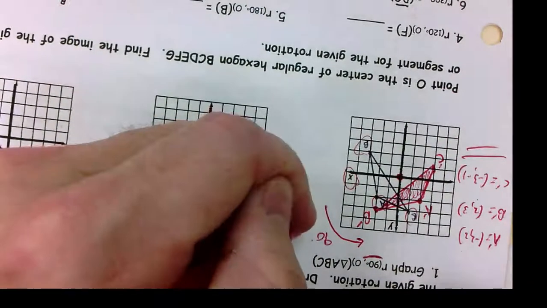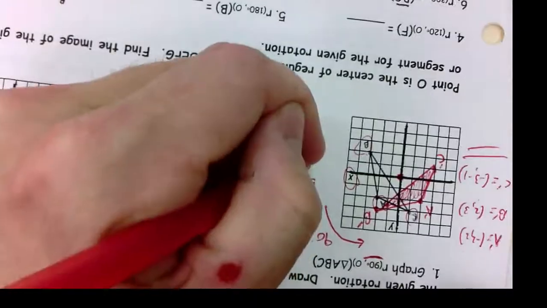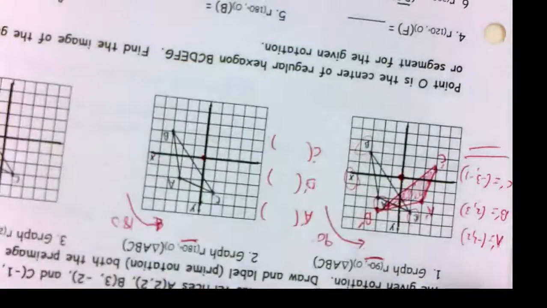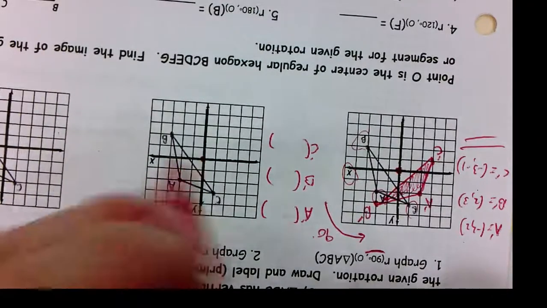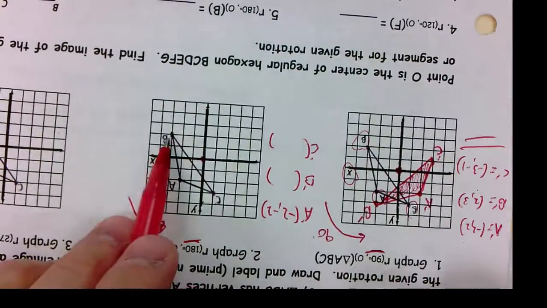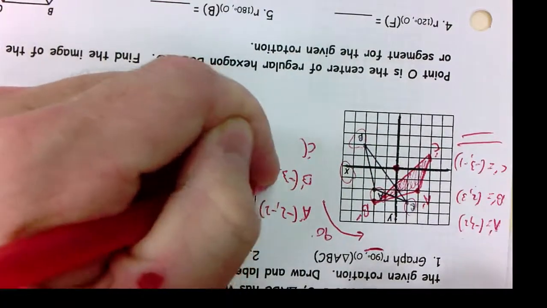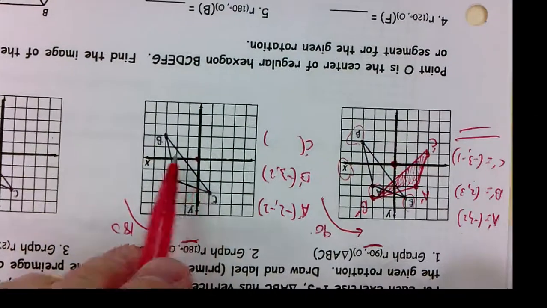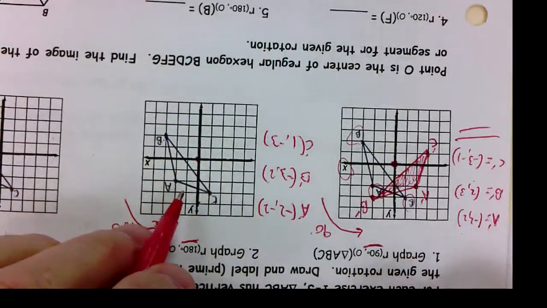And then we'll record where A prime, B prime, and C prime are. Well, A prime is at -2, -2. B prime is at -3, +2. And C prime is at +1, -3. Those are the coordinates after I rotate the triangle.